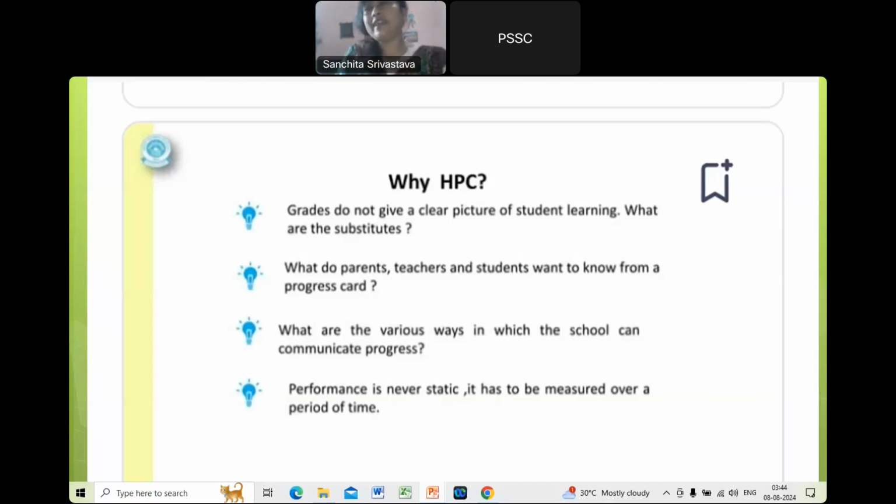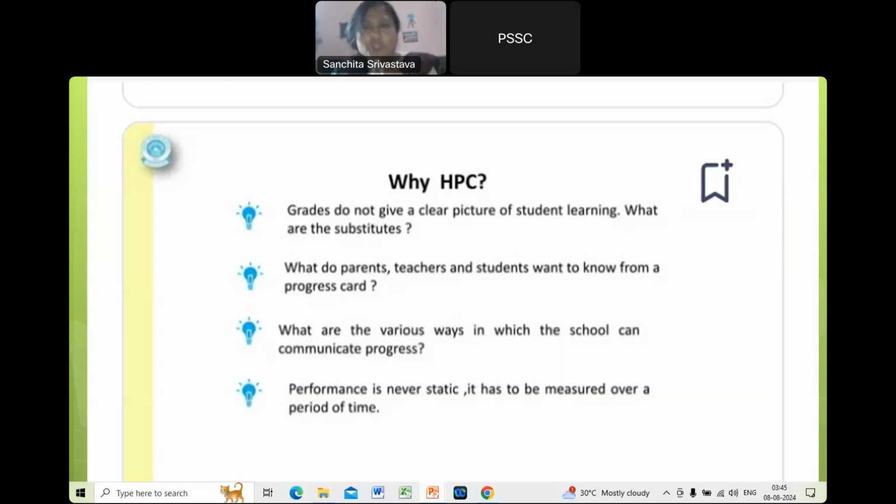Yes, improvement. Okay, you can make these kinds of remarks like improvement, but a normal report card will never portray the uniqueness of the child, what he is good at. For example, a child is an excellent singer, and in the progress card there are only 6, 7, 8 columns for the subjects.